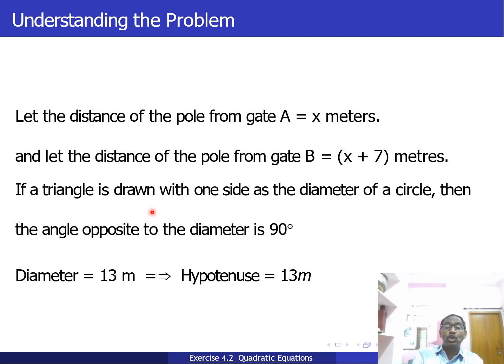If a triangle is drawn with one side as the diameter of a circle, then the angle opposite to the diameter is 90 degrees. Diameter 13 meters implies hypotenuse 13 meters.